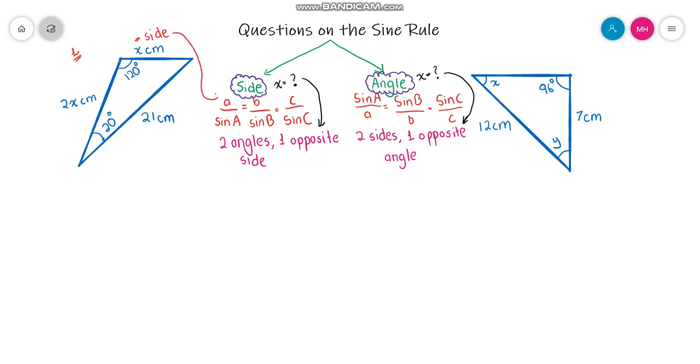We have the opposite angle of x centimeters, which is this one over here, and we can easily calculate the opposite angle for 2x centimeters.